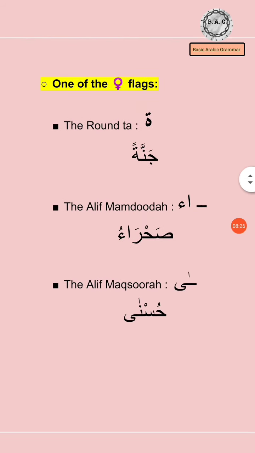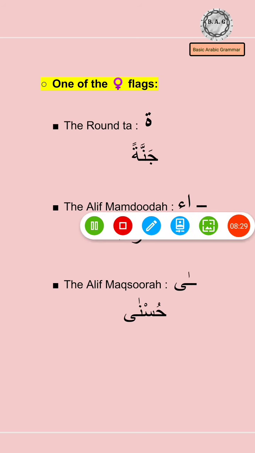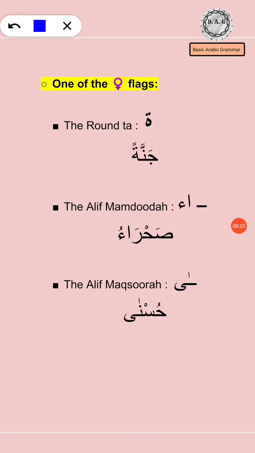The next point is that it should have one of the following feminine flags. It could have the suffix of a round ta or ta marbuta, such as in jannatun or jannatan, it doesn't really matter. We have this round ta at the end, so this means that this ism is feminine. Jannatun is feminine. Now, this was the first flag.